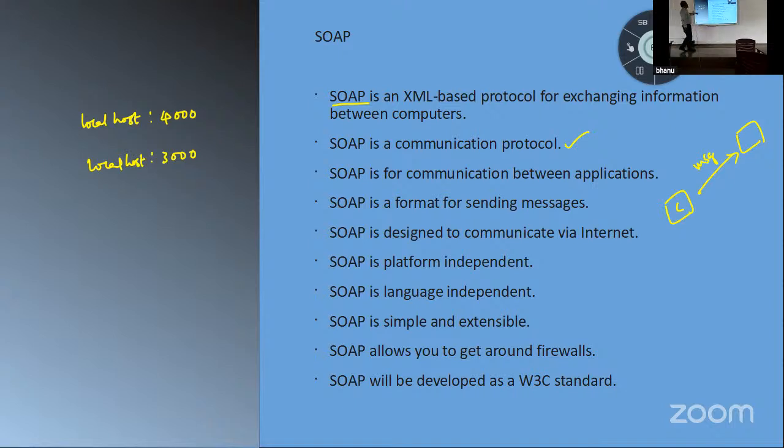In one tab, I open this, and in another tab, I open this. What is the meaning of this? Whatever you open in one tab, it is an application, no doubt. But this port number identifies the application.